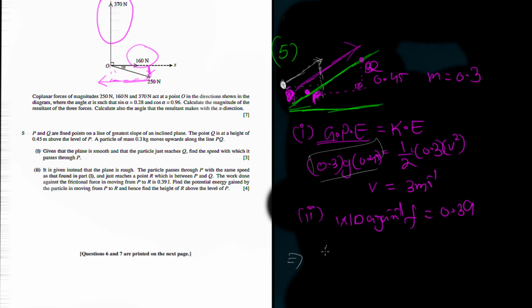So therefore the equation would be mass, which is 0.3, multiplied by gravity, g, multiplied by height. We don't have the height given, so that would be our variable h. That equals our kinetic energy, 1/2 m v², where v is 3, plus the work done against the friction on the object, which is 0.39.